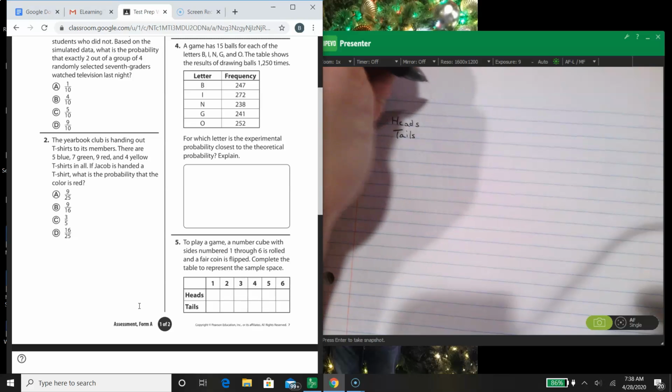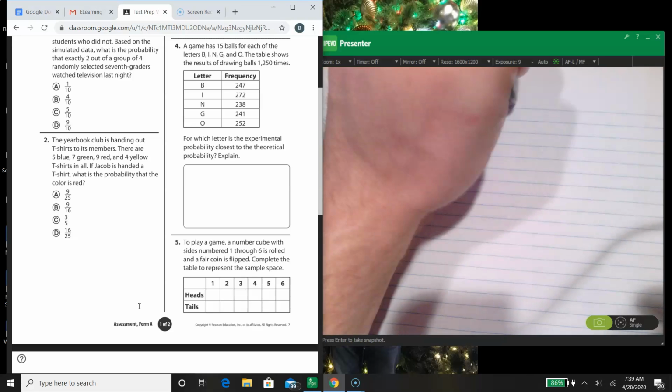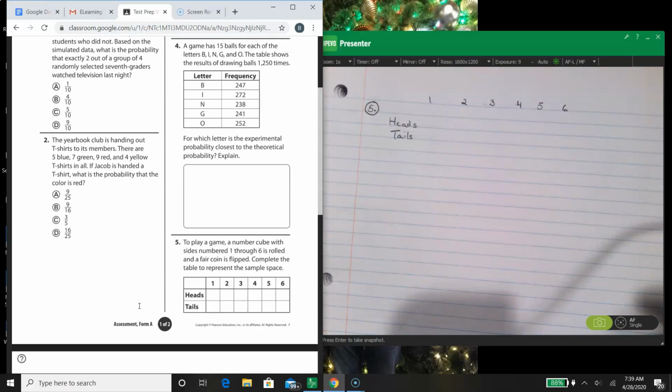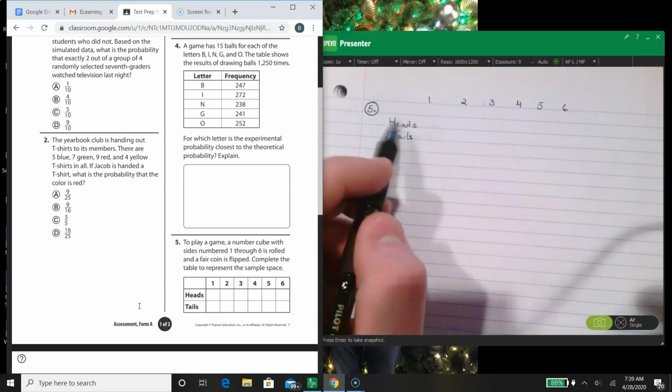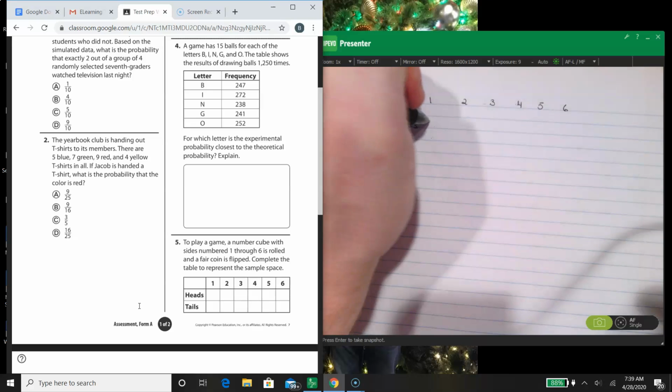Heads, tails. You've got numbers 1, 2, 3, 4, 5, 6. They've set it up for you. Don't make it harder than it needs to be. In this first box, I'm just taking my row, matching it up with my columns. So in my first row, I'm going to have H1.